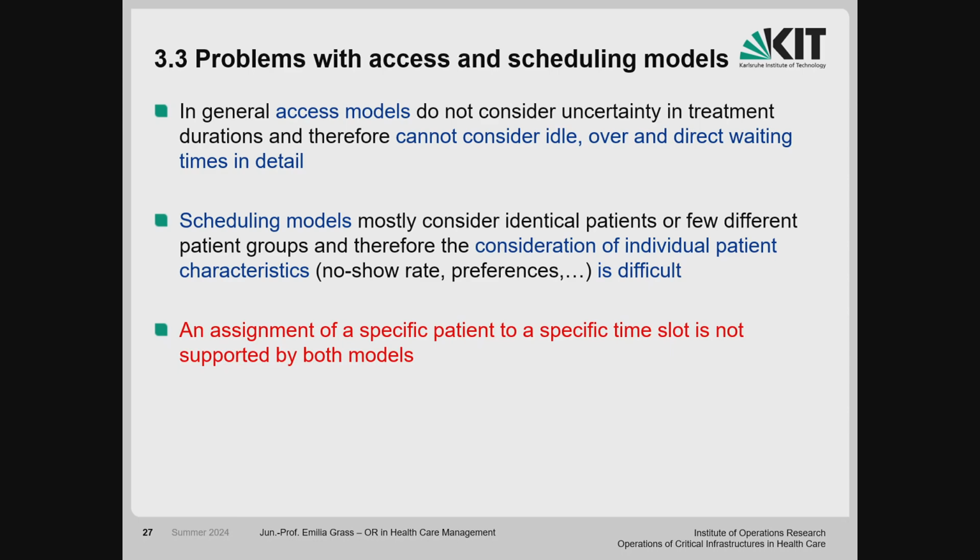And there are also very few models in the literature that really deal with disruptions. So often uncertainty or some kind of events, mass casualty events, for instance, natural disaster, whatever. These kinds of more significant disruptions are not considered in most of the models.